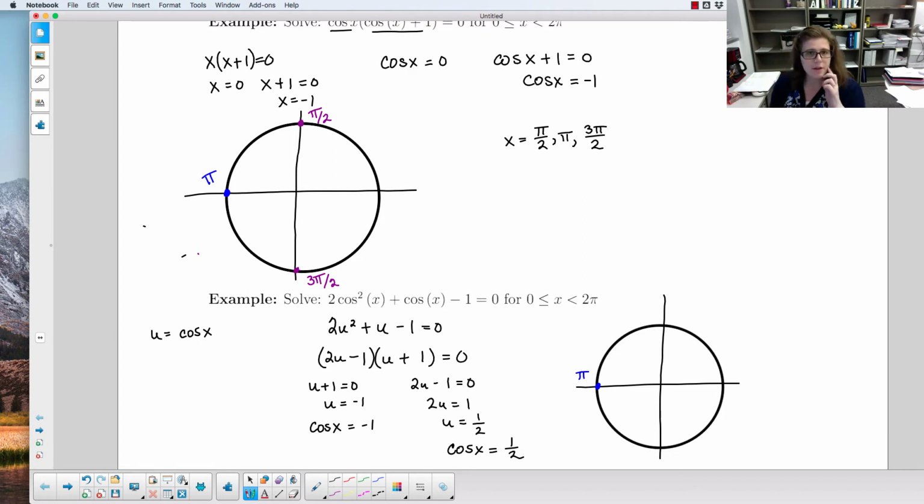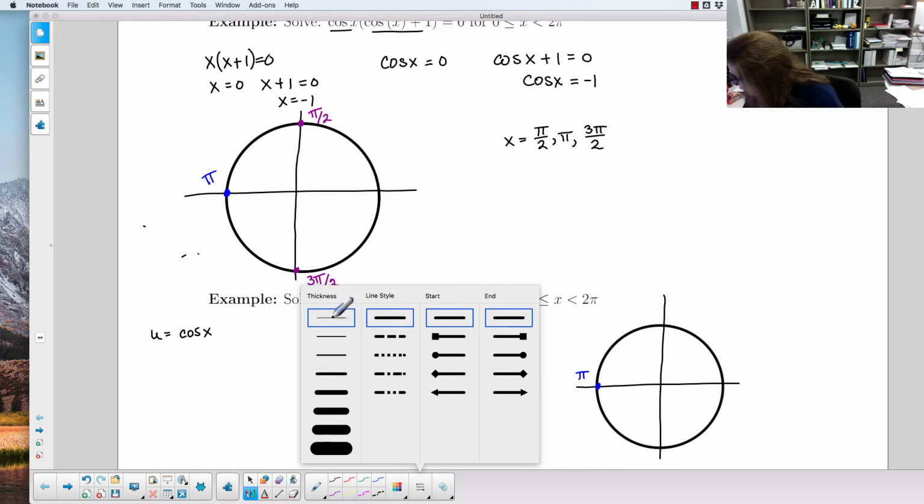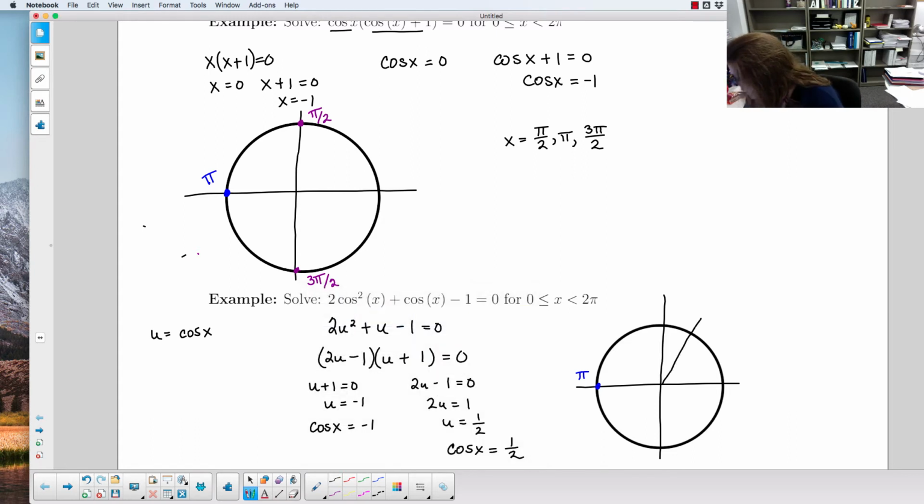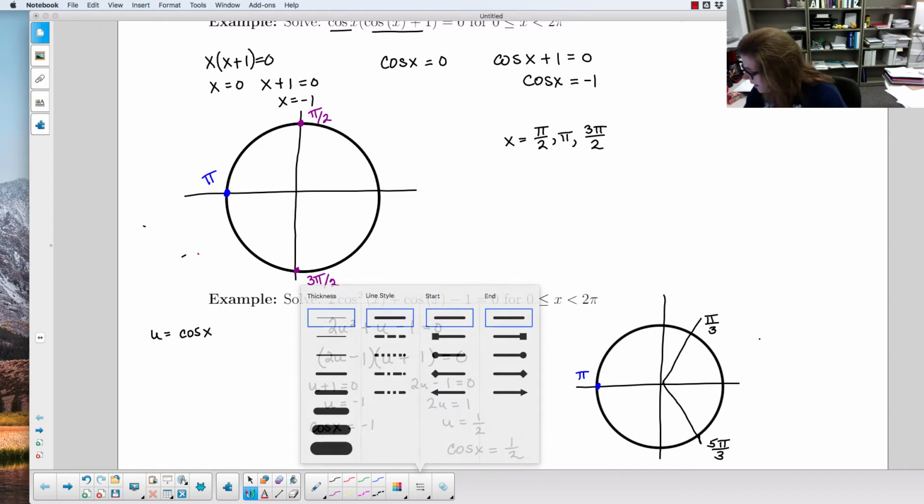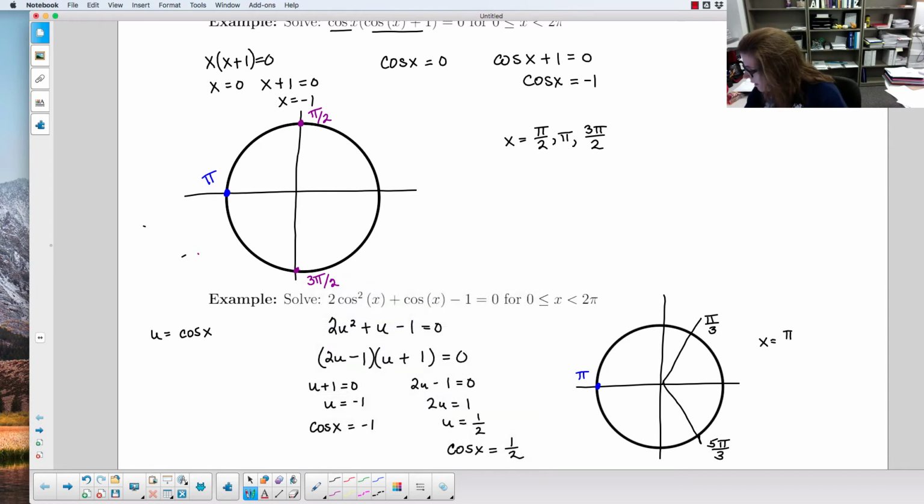Now we need cosine of x equal to a half, so cosine equal to a half is our pi over 3 angle, and then the one in the fourth quadrant as well, 5 pi over 3. So as far as our solutions, that means that x is equal to pi over 3, pi, and 5 pi over 3.